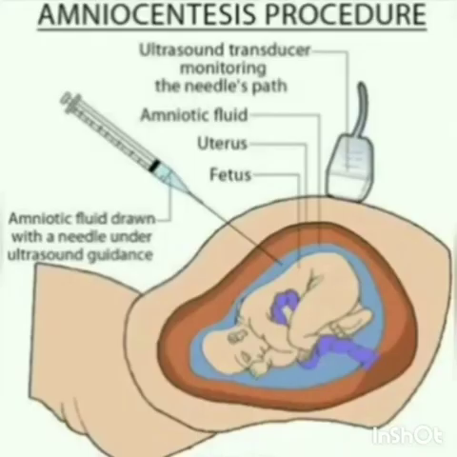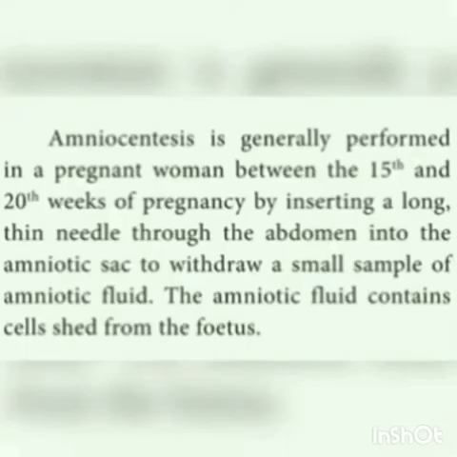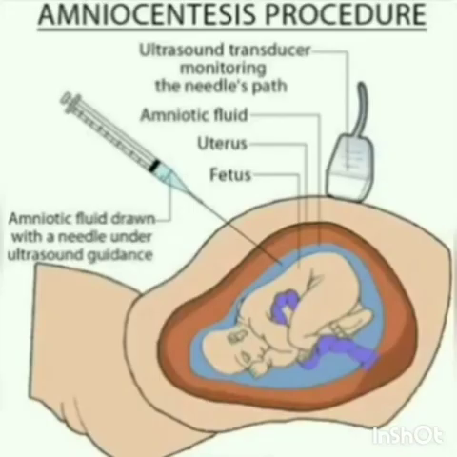It is generally performed between the 15th and 20th week of pregnancy by inserting a long, thin needle through the abdomen into the amniotic sac to withdraw a small sample of amniotic fluid.